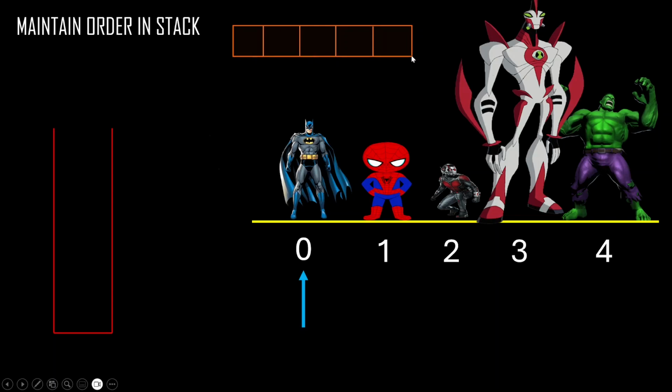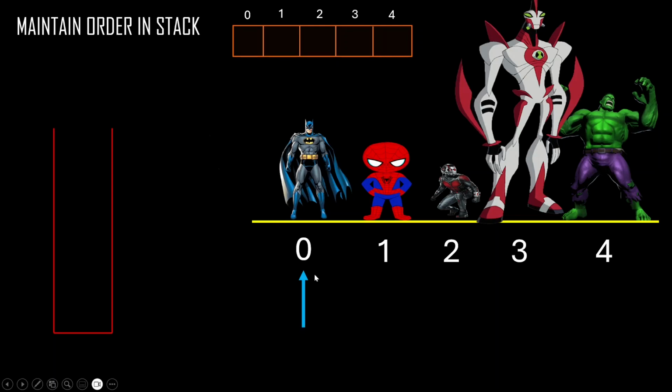So in this output array we are going to store who's the next highest person for a specific element at that particular index. So if we observe, there is Batman here at index 0. Who's the next highest person? Here at index 3, the next highest person is there. So we are going to store index 3 here.